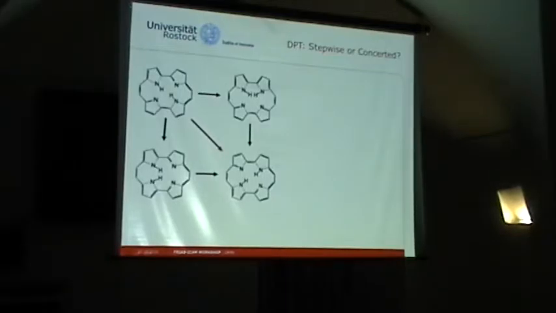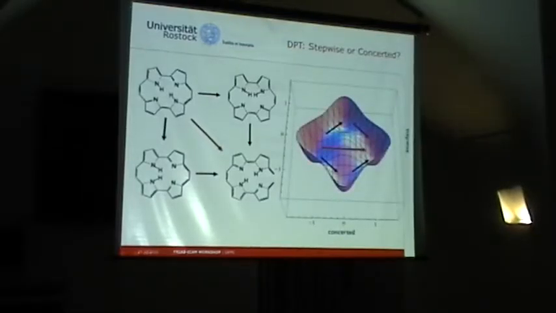Okay, so there's a point now about this double proton transfer. As I said, there's the issue of concerted or stepwise transfer. If you think of this in terms of two coordinates, one is the coordinate for stepwise transfer, the other for concerted.